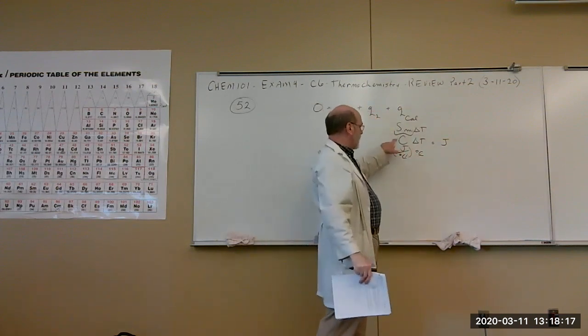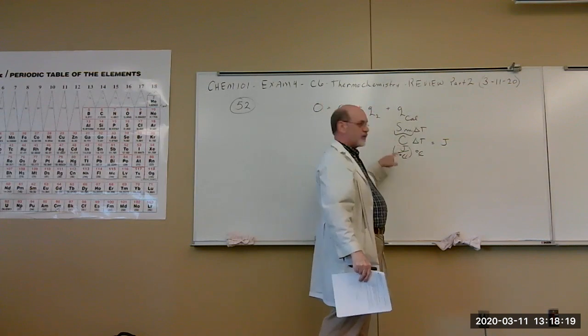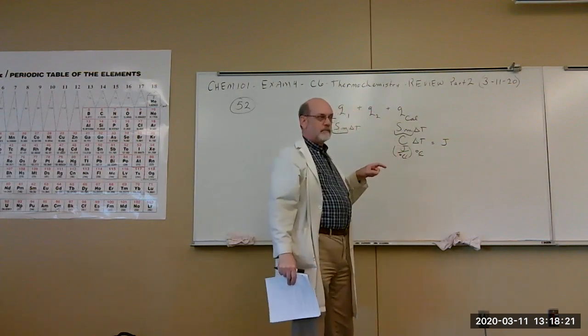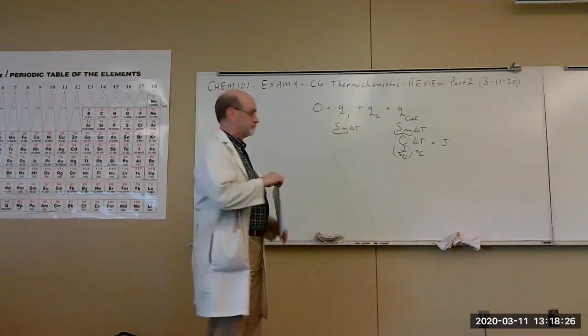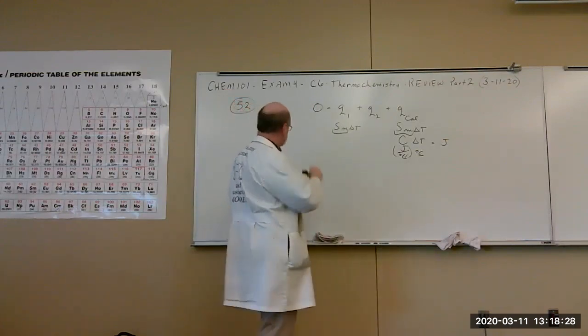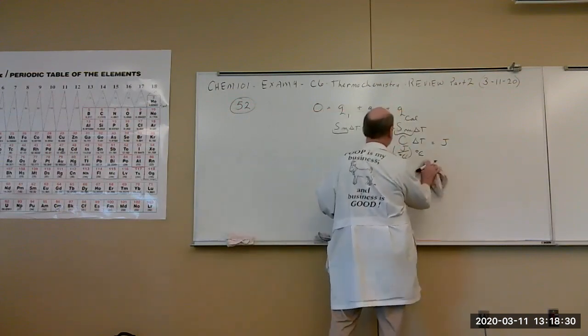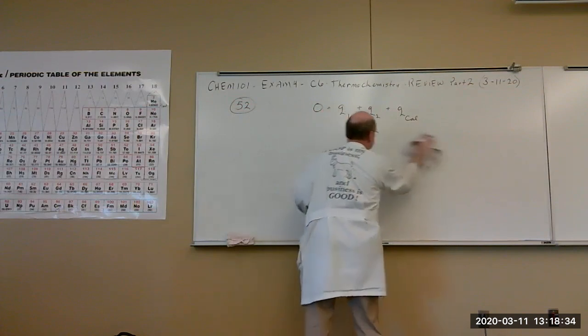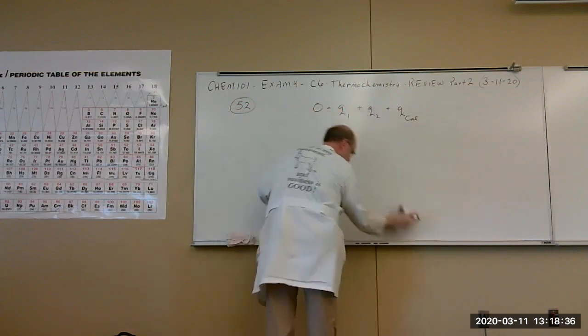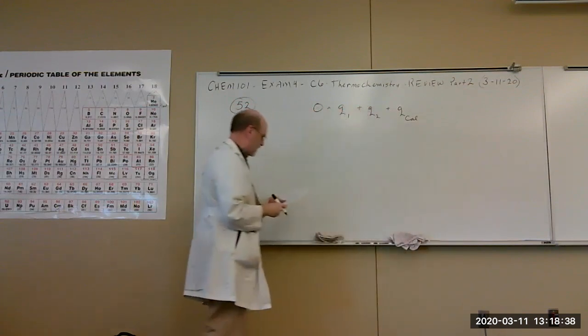So the units for our calorimeter constant are just joules per degree C. Mass doesn't even enter in. All right, so now let's get to this problem. I'll leave that up there. Maybe I'll change the subscript if the problem requires it.